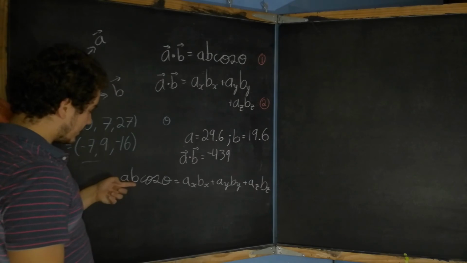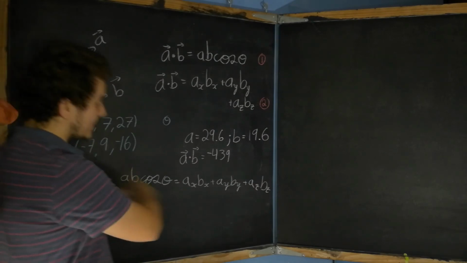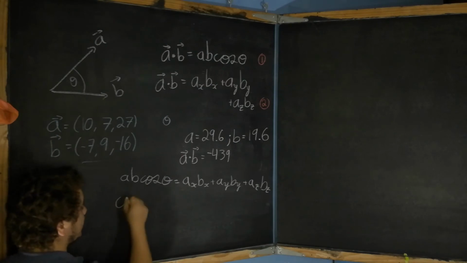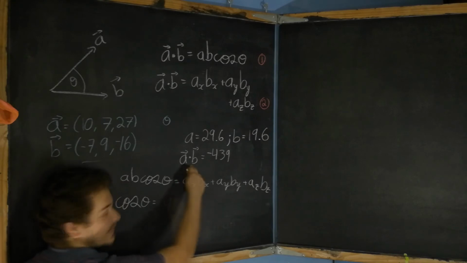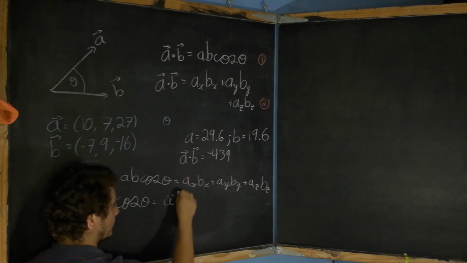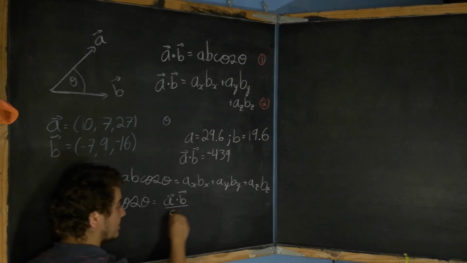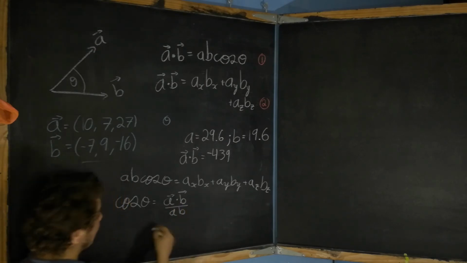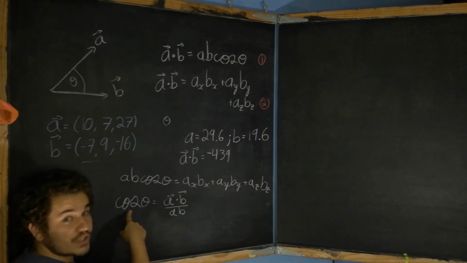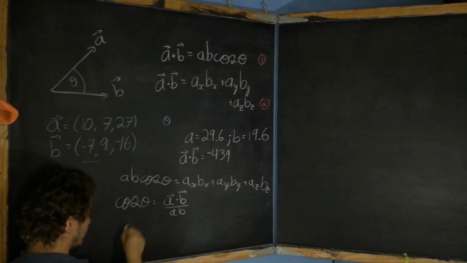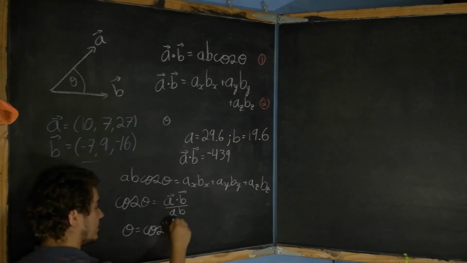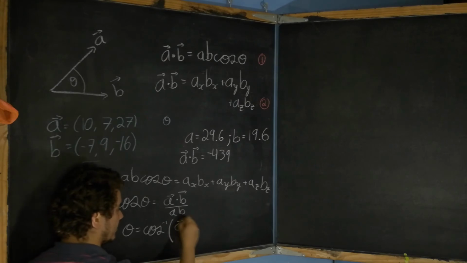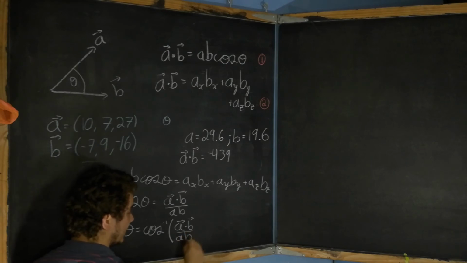So we can see these two that are multiplying, we can send them to divide, and we will have cosine of theta equals A dot B divided by the multiplication of their magnitudes. Then we can use the inverse function of cosine, which gives us that theta equals the inverse cosine of the dot product of A and B divided by the multiplication of their magnitudes.